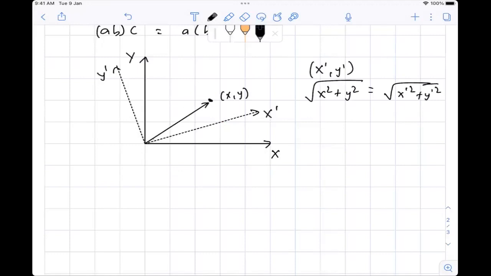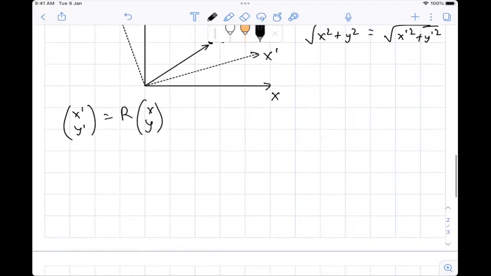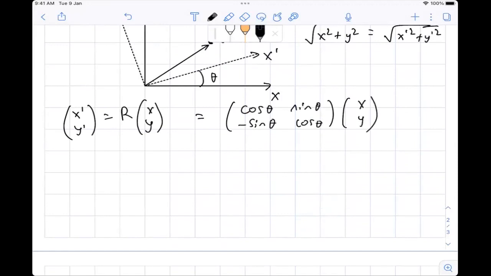Then the new coordinates x prime, y prime can be obtained by operating with some matrix on the column vector x, y. In the present case, if this angle is theta, then you can show that this is equal to this. So this is a rotation matrix.